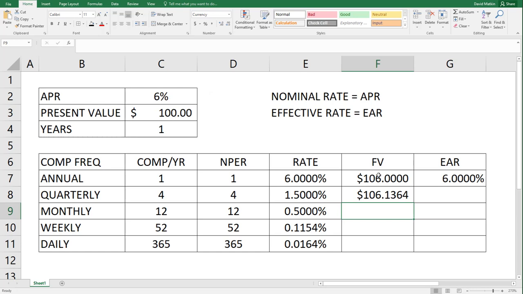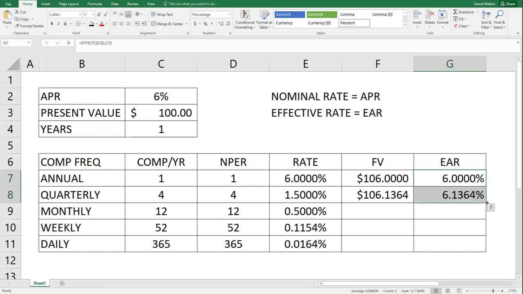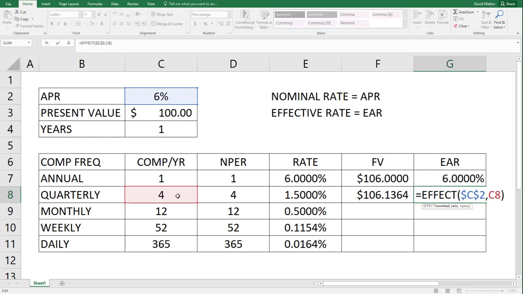All right, so this means that if we look at the true effective rate of growth when we do quarterly compounding, so I'm feeding in the 6% as the nominal, and then the 4 as the number of periods per year, we see that the effective rate of growth is 6.1364.